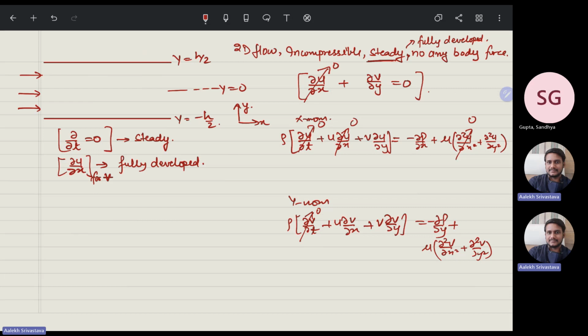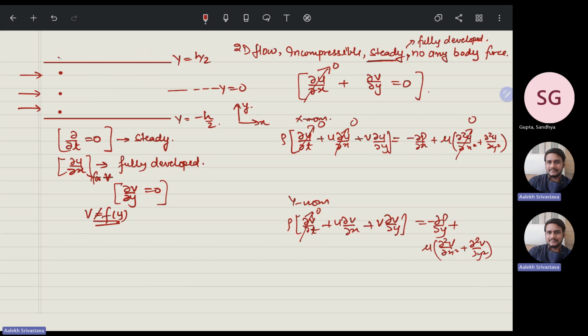Now another assumption: if you say del u by del x is equal to 0, that means del v by del y is equal to 0 from the continuity equation. That means v is not a function of y. So whatever be the velocity of v here, it should be equal to here. Here all have the same velocity.